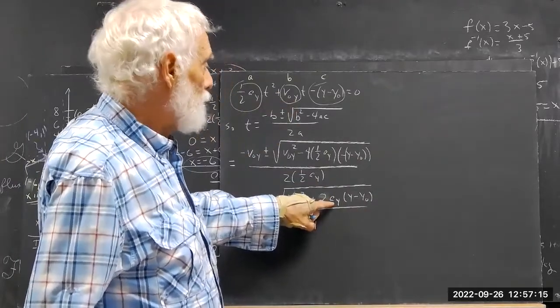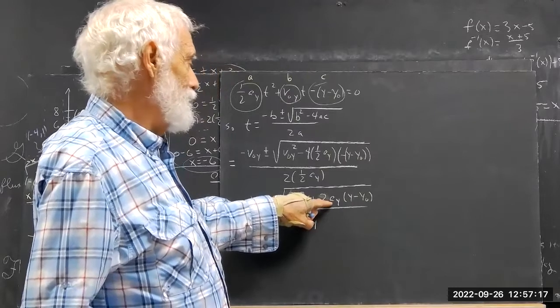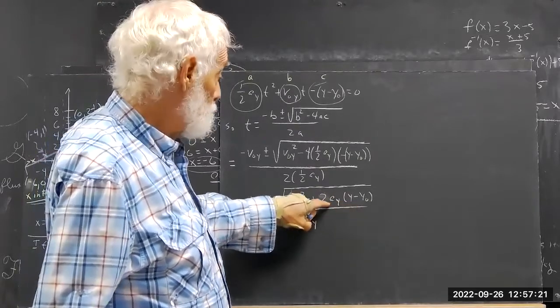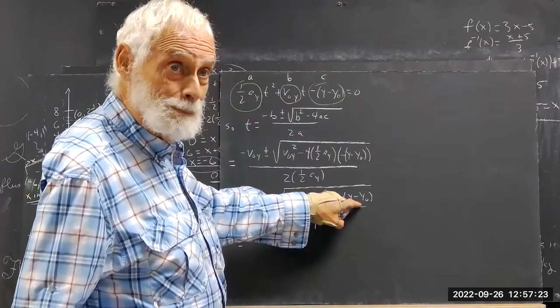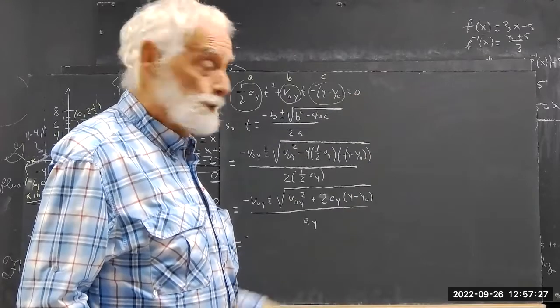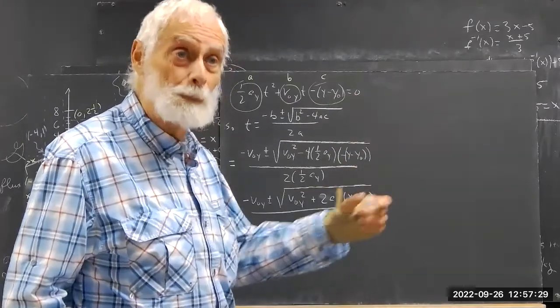Then an acceleration times a displacement is like meters per second squared times meters, which is meters squared per second squared. And the square root of meters squared per second squared is meters per second.